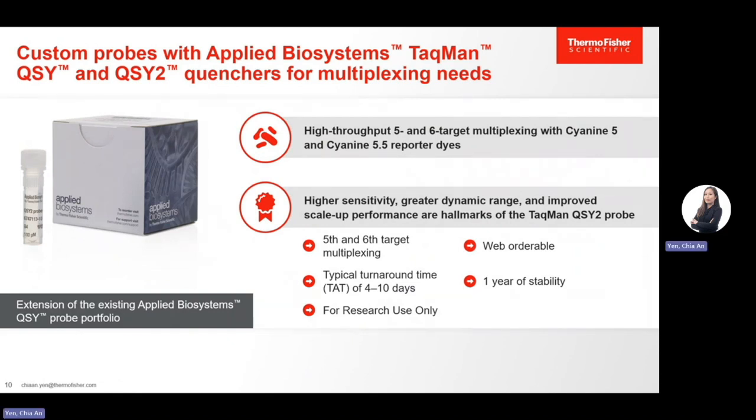What makes these stand out? They have high sensitivity, good dynamic range, and show no change in performance when you scale up from single target to multi-target reaction, as you'll see in the following slides.